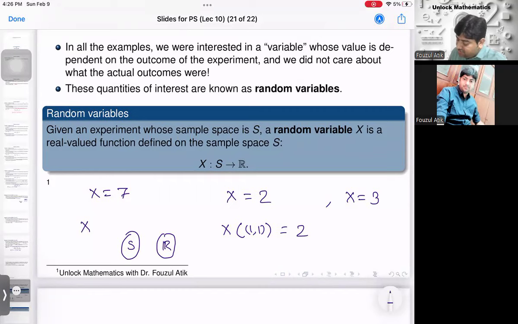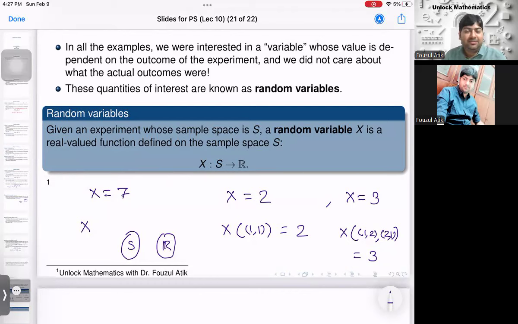So X equal to 3, that means the event is maybe (1, 2) and the event (2, 1). These are the outcomes from the sample space, and for them the value gives you 3. Right? So given an experiment whose sample space is S, a random variable X is a real valued function defined on the sample space S, and it is a map from S to the set of real numbers.